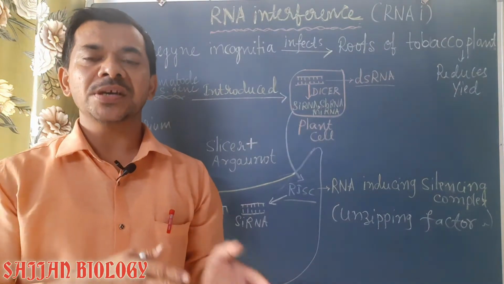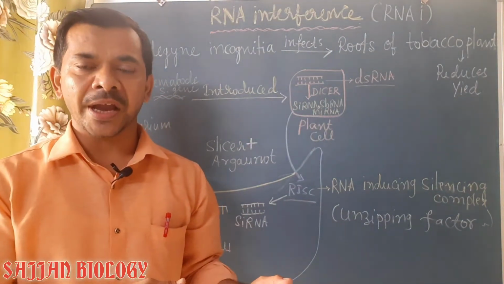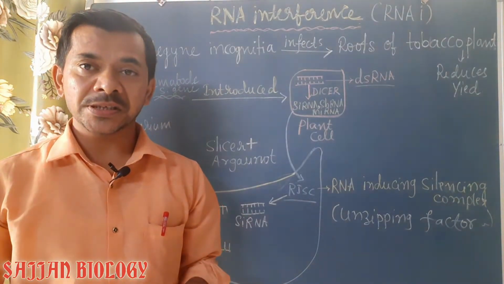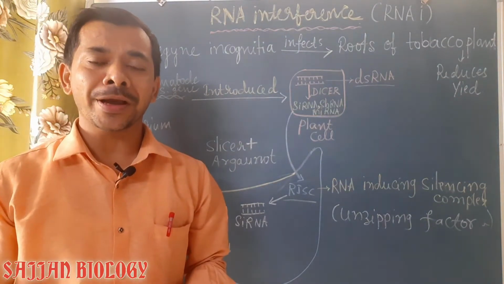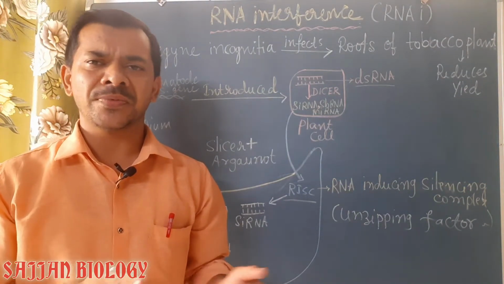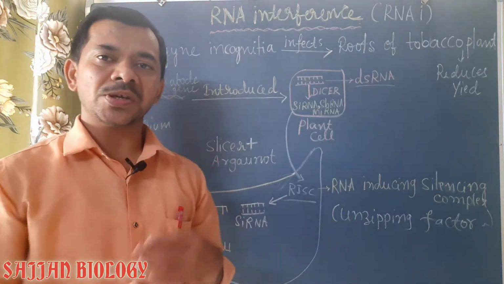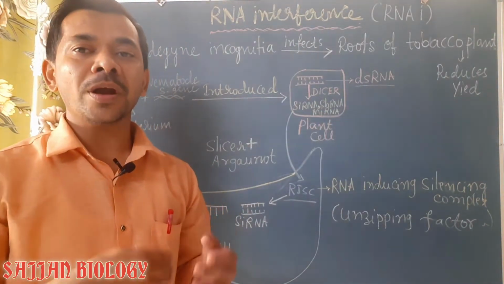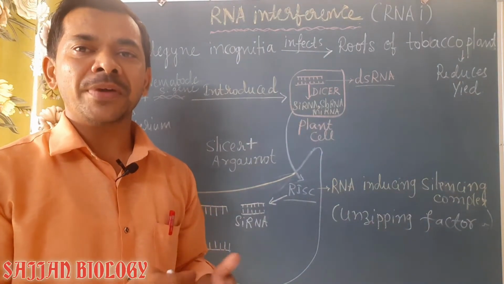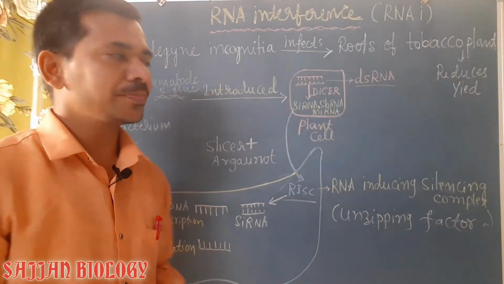RNA interference is a cellular defense mechanism which takes place in all eukaryotic organisms, including plants, animals, fungi and many others. Let us discuss how RNA interference works in plants to prevent this infection.